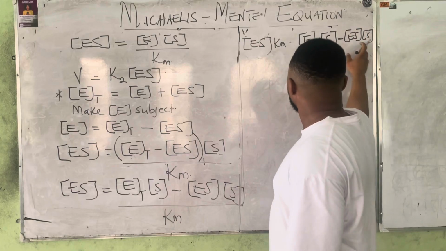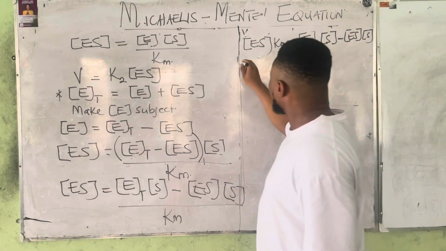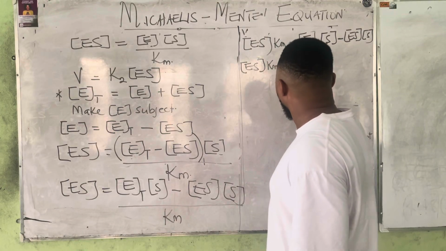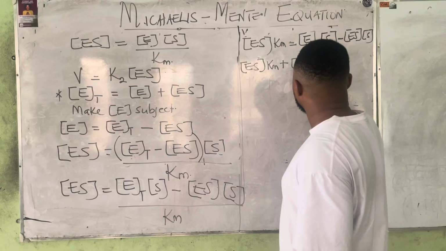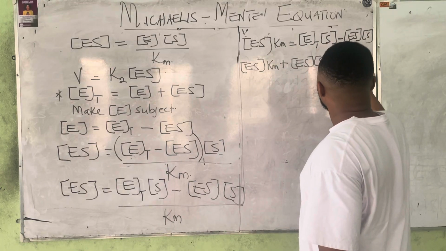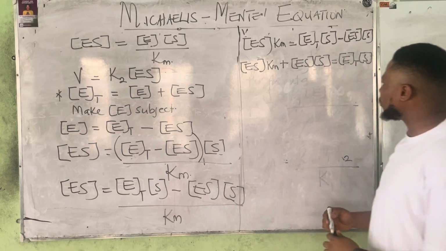Right? So let's collect like terms. Let's collect like terms. So this will be ES Km plus ES S, right? Equal to ET S, right? Are you following?